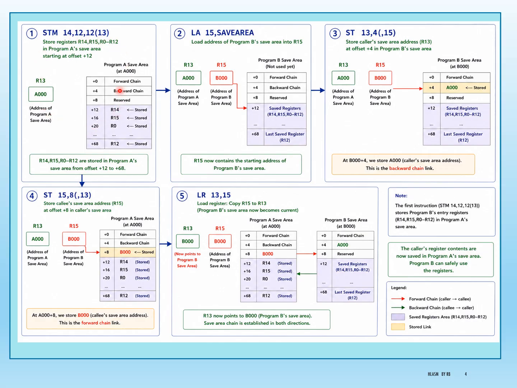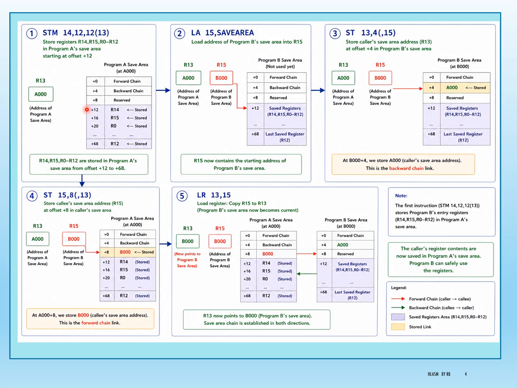So this is what you understood, right? Please understand, there are two save areas, save area A and save area B. When it comes to registers, there is always only one set of registers. There is nothing like registers for the first program and registers for the next program. Registers are the same 16 registers.